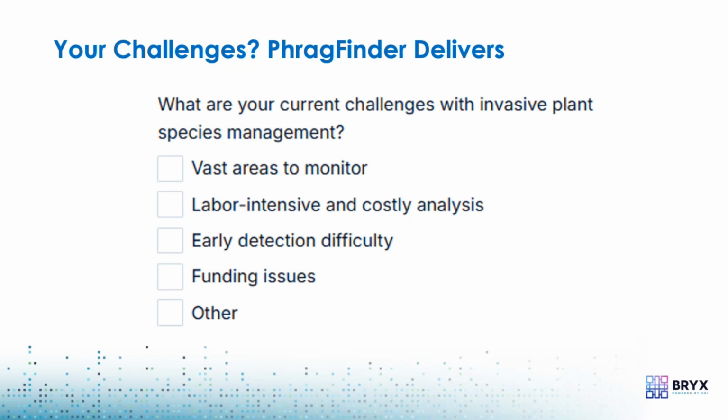You don't have to worry about training your own AI model or developing the infrastructure to run the model on in order to adopt emerging technology into your workflow. PhragFinder, as Carl had explained, is pre-trained with thousands of images and is ready to run on your data just by essentially uploading your data to BRYX.